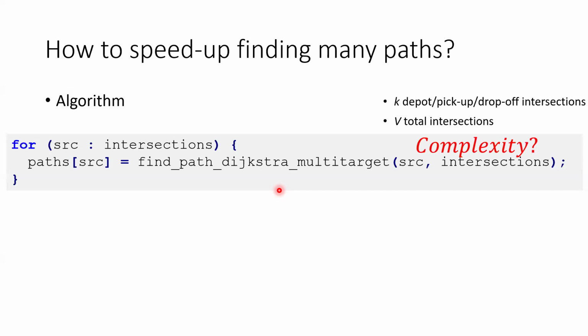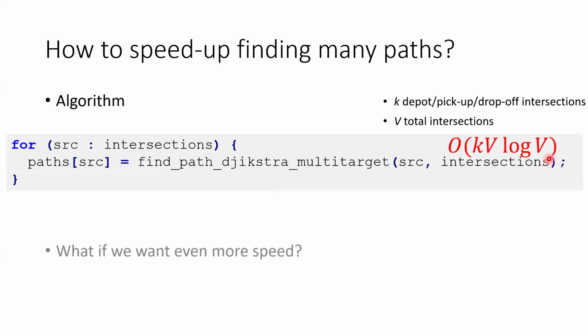So this is from a single Dijkstra, and you only need to go through all of the sources. So in this case, we only have K V log V compared to K squared V log V. Algorithm-wise, that is the most we can get.